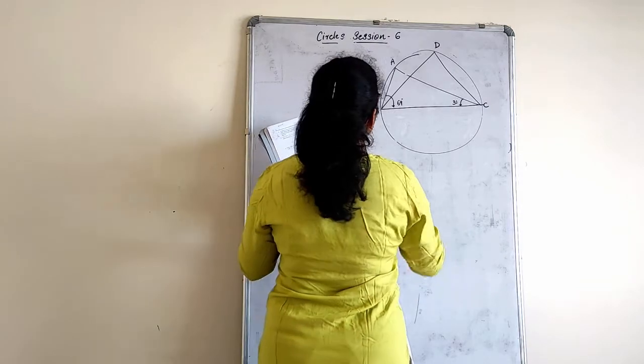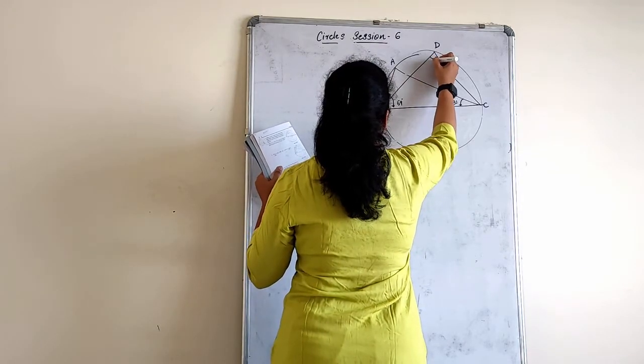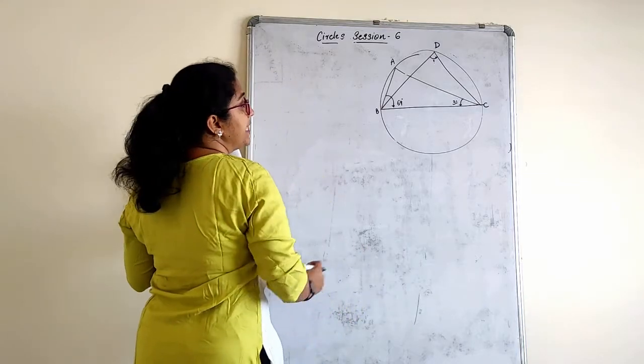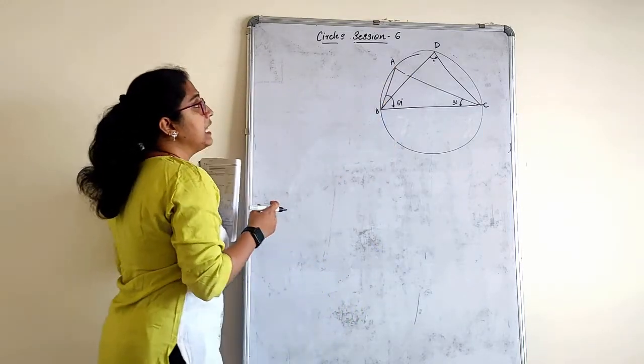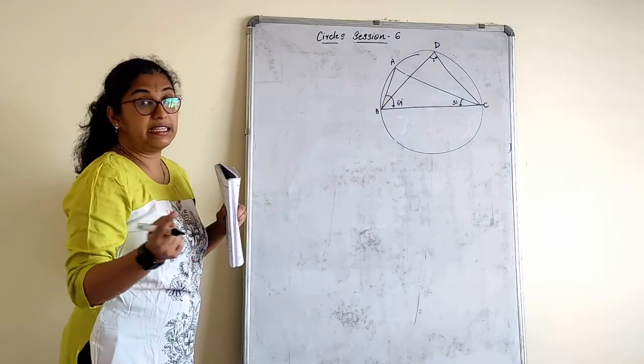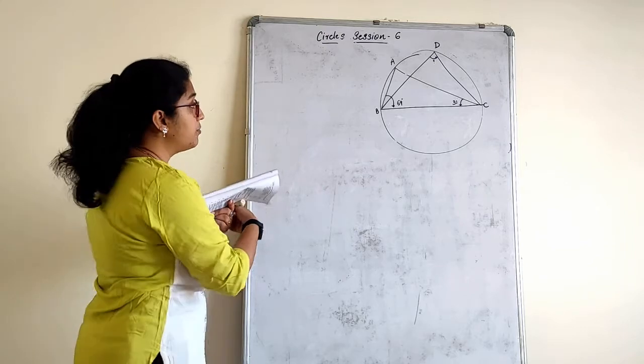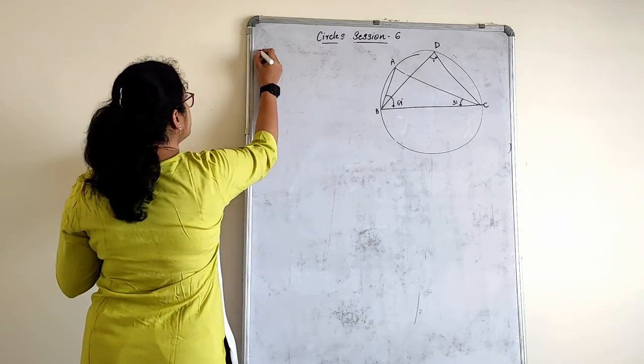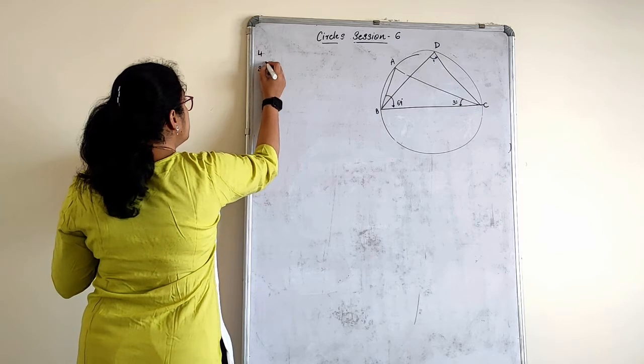Find angle BDC. This is what you have to find out. But before finding that, I can find angle A. Then angle A is equal to angle B. I can tell angles in the same segment are equal, right? Let's finish that first. Fourth one, solution.